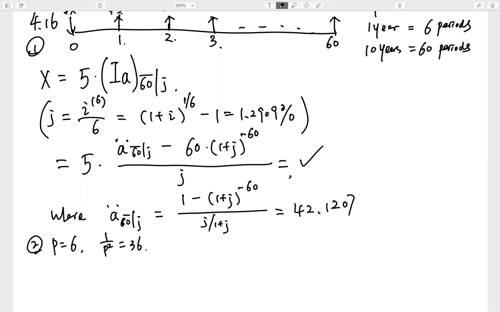So obviously we need 5 times 36 to be left outside, and then we will have 1 over 36 for the first payment. It is increasing not monthly, but every 2 months. And it's A because it's the annuity immediate, p-thly payment for 10 years. Right, this is the notation.